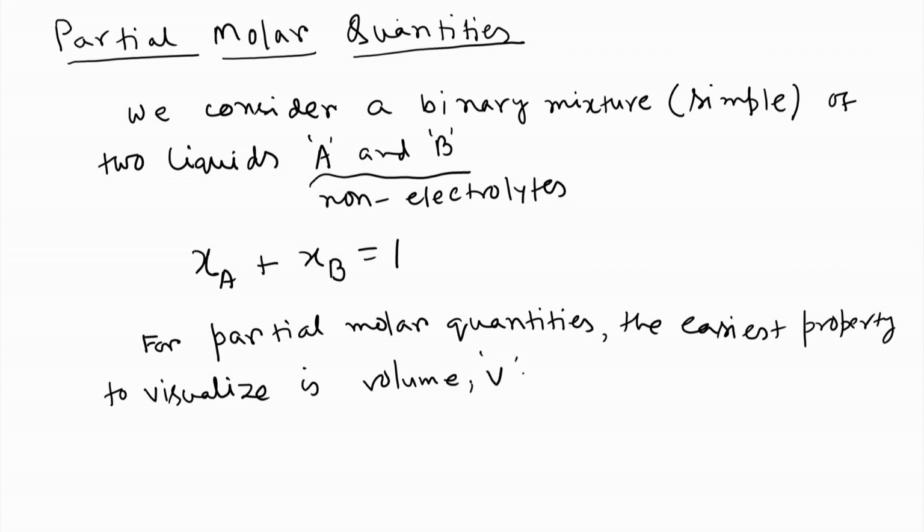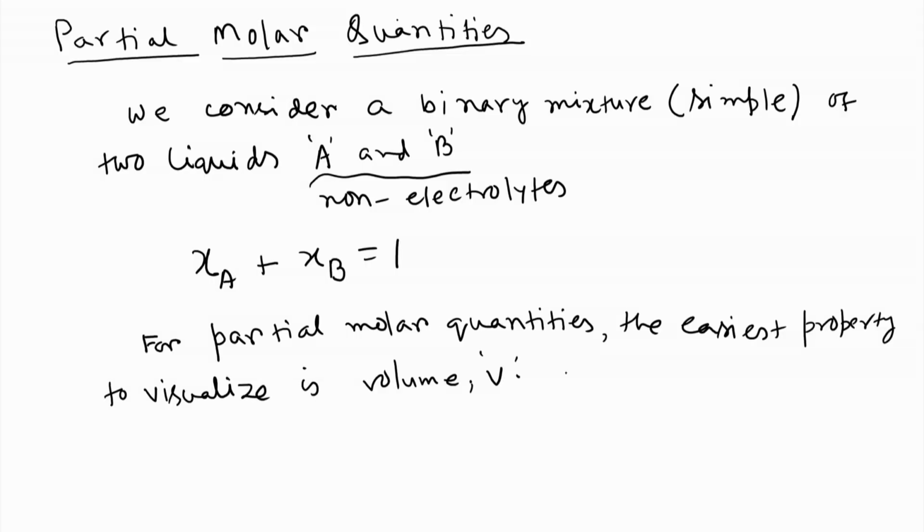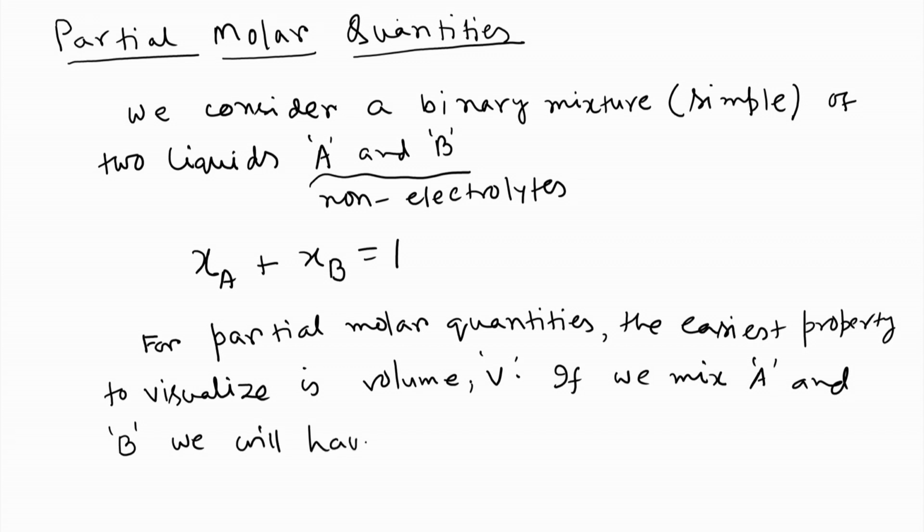Volume V. So, if we mix liquid A and liquid B, we will have three different possibilities. What are those possibilities? Possibility 1 is no volume change.